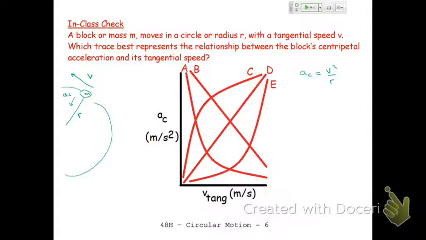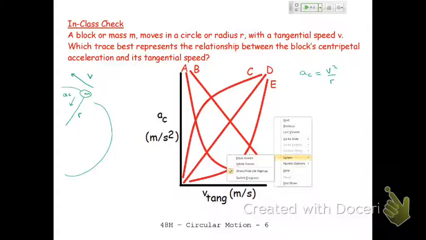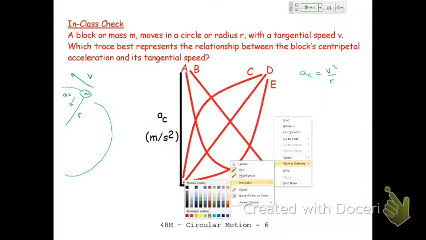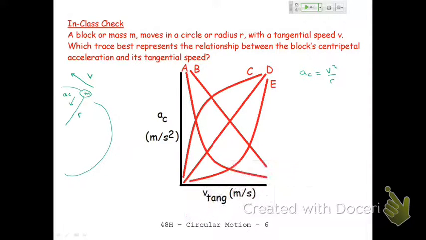So I'm going to change colors here. Let's go to red, this is important. AC is one column and V is the other column, not V squared. So if I'm stuck, I can do a little table.